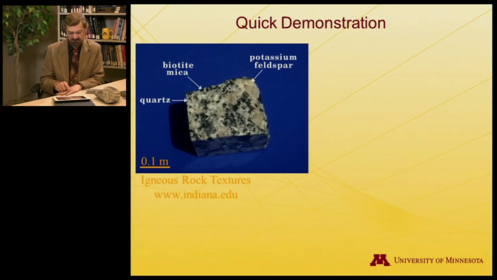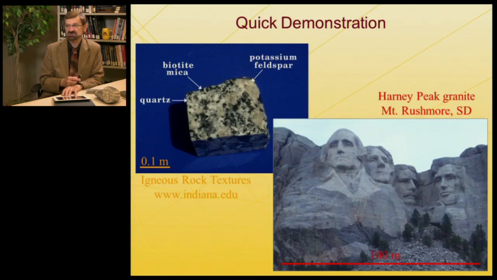I want to go from understanding something at that scale to understanding something at the scale here of Mount Rushmore, which is made up of Harney Peak granite. If I understand the strength of this rock at this scale, can I begin to understand the strength of the rock at the scale of 100 meters, or at the scale of 100 kilometers in the earth as I go through mountain building processes?